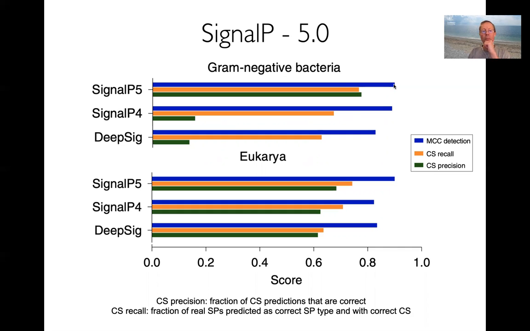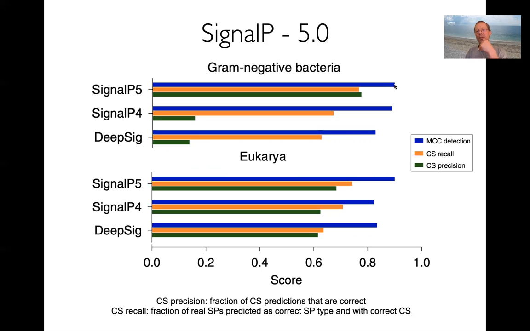So in blue, and also this is because there are different versions trained on bacterial signal peptides and eukaryotic signal peptides, you can see the performances differ a little bit between bacterial sequences and eukaryotic sequences. But by and large, you can see that this measure here, the blue measure, that's essentially a measure of how good the method is in identifying signal peptides without making a lot of over predictions, false positive predictions.